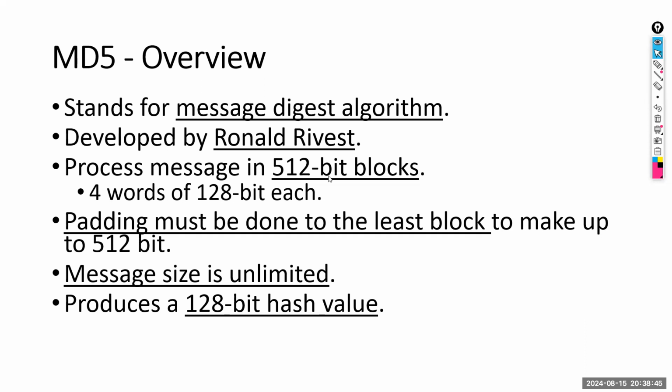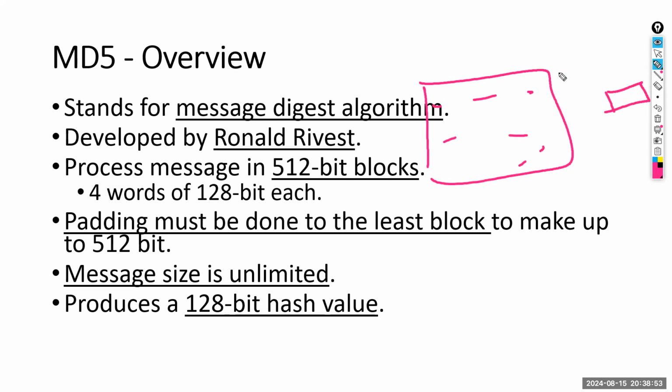And it processes messages. Remember, a hash algorithm processes your message and gets a fixed value that reasonably represents this content. So when we generate this hash value, the input may be hundreds of bytes, maybe a book, a legal document.